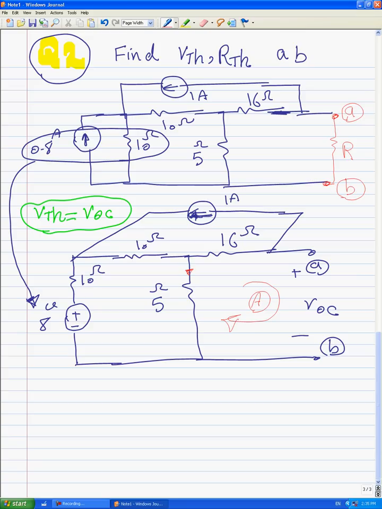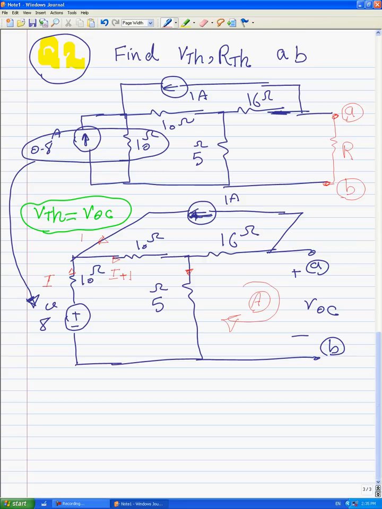In order to determine this current, be careful here. The current is 1, and if we define this current, for example, I, this current should be I plus 1.